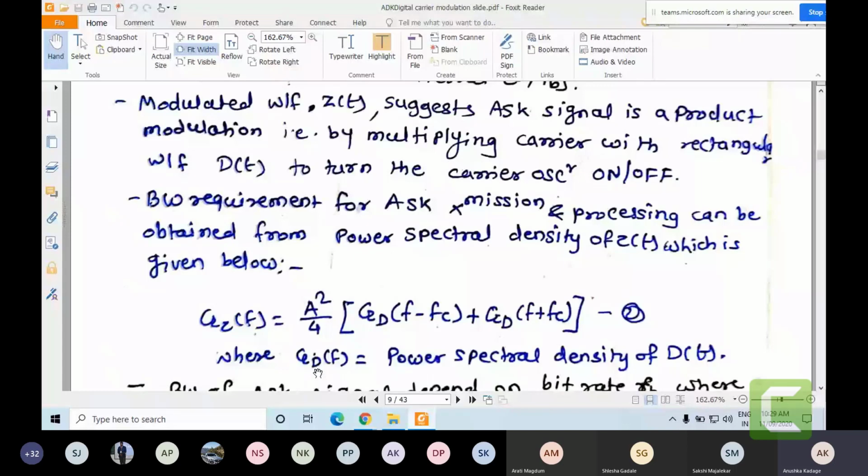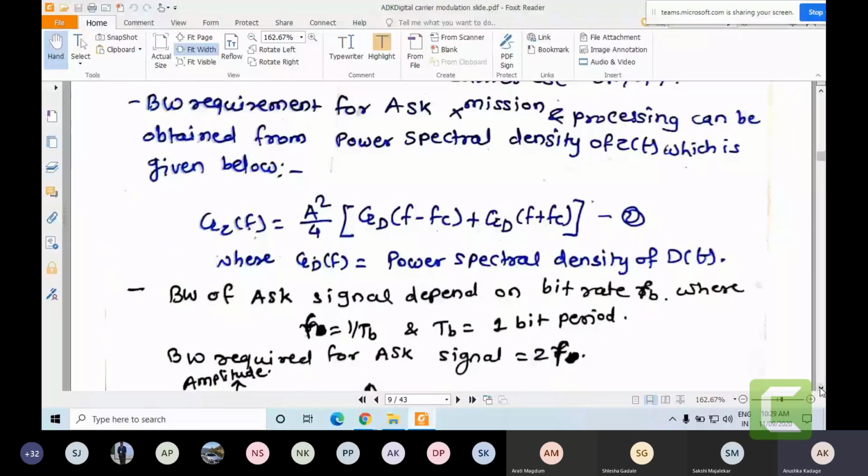And that's why here this power spectral density related to the DT signal is very much important.